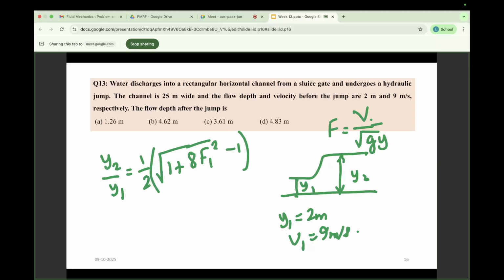And g you know, y you know. Accordingly you can find out. So you need to find y2. I have given you all this formula. Please solve this one.